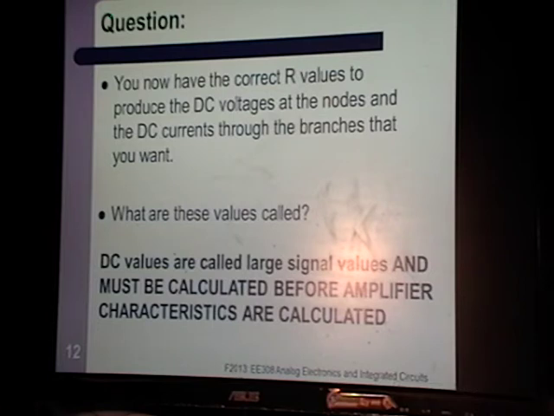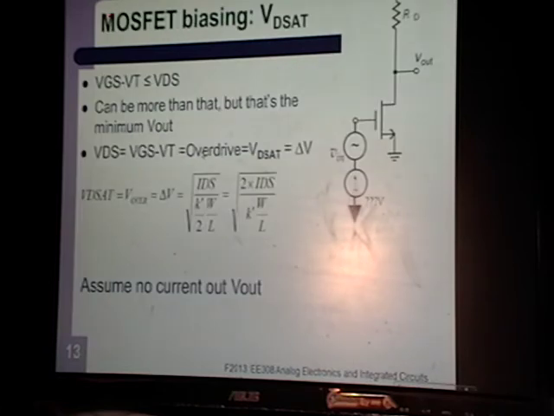When you're building the circuit, you always want to check the DC voltages and currents first, and then after you've checked those, you put the moving signal on and check them. Those DC voltages and currents are called your large signal values, or your bias values. We'll come back to this at a later time in the quarter.